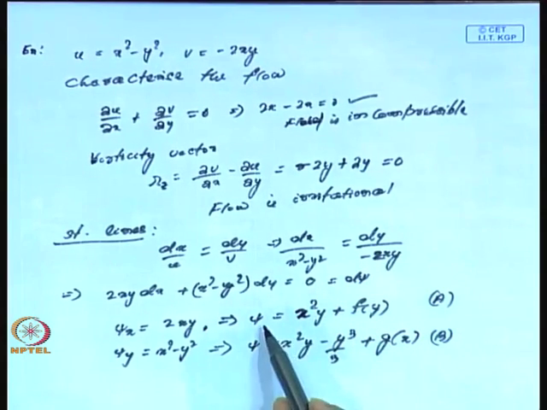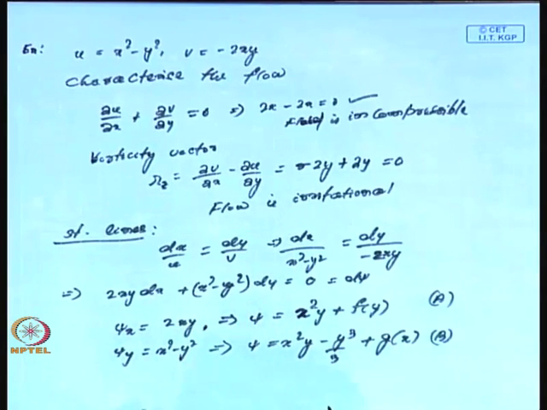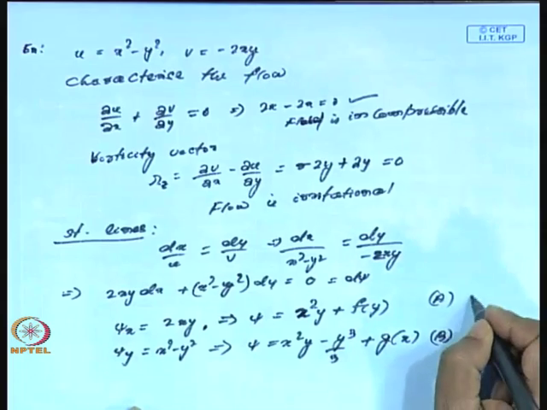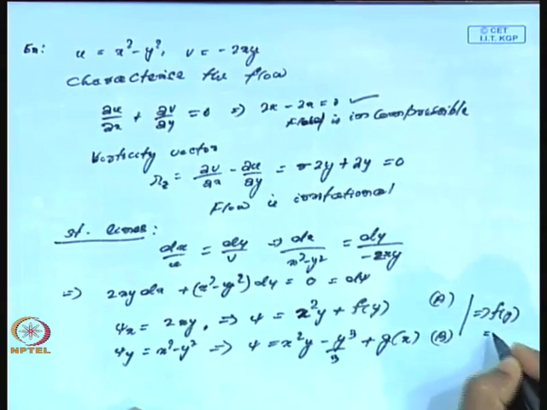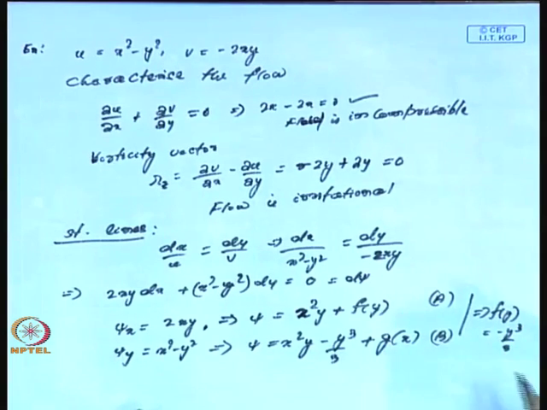Because a gives a representation of psi and b also gives a representation of psi, from these two we get f of y equal to minus y cube by 3, and g of x is 0.